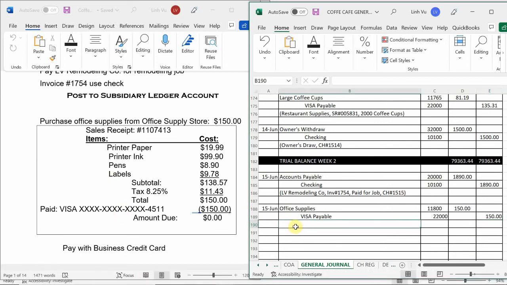You would put in purchase office supplies from office supply store. Proof of a transaction, sales receipt. Good. Sales receipt number 1107413.